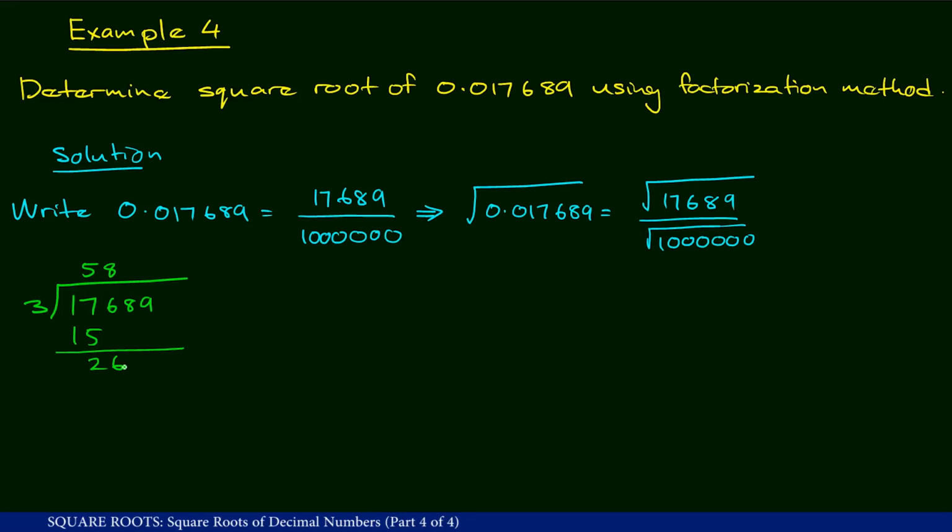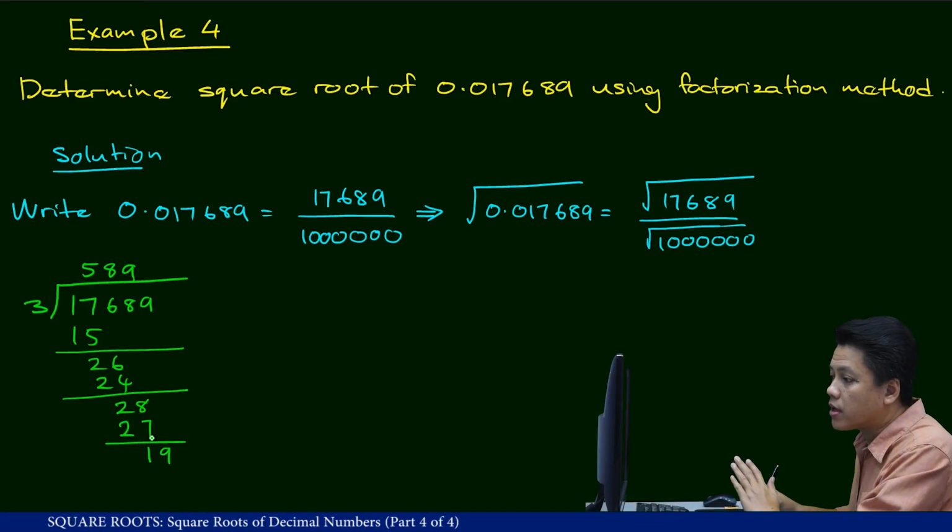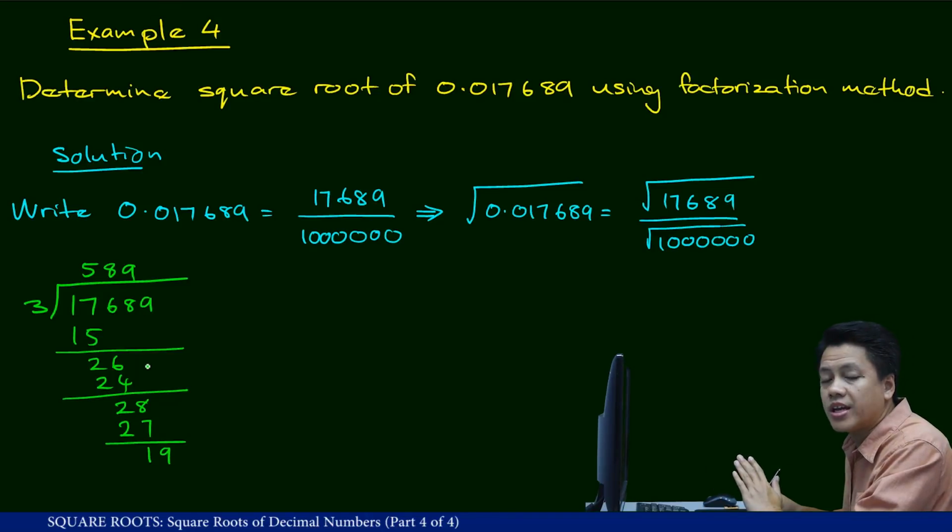This is going to be 8, then 24, again remainder 2, so 28. 3 times 9 is 27 with remainder 1, and 19. 19 and 3 we cannot converge, because the nearest value is 18, which is 3 times 6. So 17,689 is not divisible by 3.